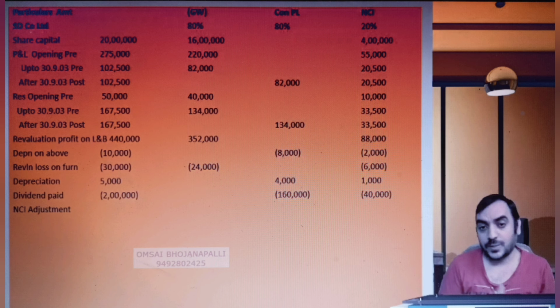So if 16 lakh should become 15,20,000, by assuming no purchases and no sales, the difference should be because of depreciation. So 16 lakh to 15 lakh 20,000 means 80,000. 80,000 divided by 16 lakh into 100, you get 5%. So when they have not given it, please keep your eyes open and search where you can make a reasonable assumption and compute it. Okay, let's write that down.